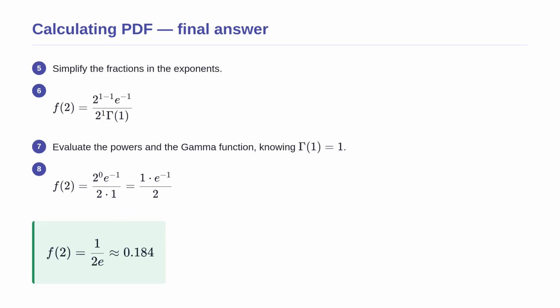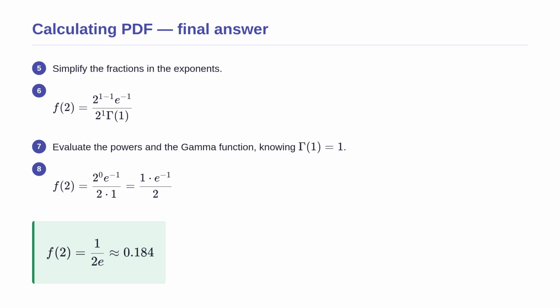Continuing with our calculation, we can now simplify the arithmetic. In the exponents, 2 divided by 2 simplifies to 1. This makes the exponent in the numerator 1 minus 1, which is 0. In the denominator, the input to the gamma function becomes exactly 1. We know that any non-zero number raised to the power of 0 is 1.